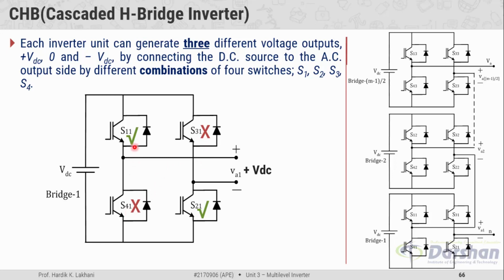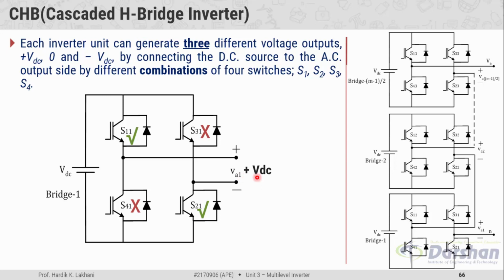Because these two switches are conducting, the positive terminal of the DC supply gets connected to one of the output terminals through S11 and the negative terminal of the DC supply gets connected to the other output terminal through S21, which means that the DC supply appears across the output terminal and hence we get plus VDC.